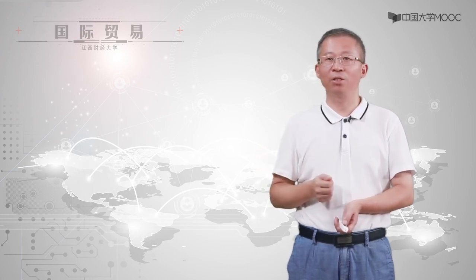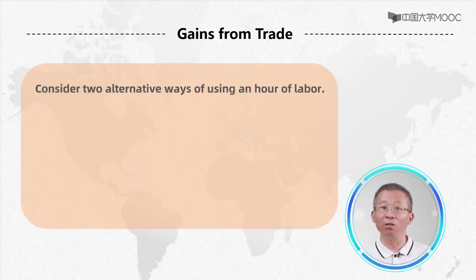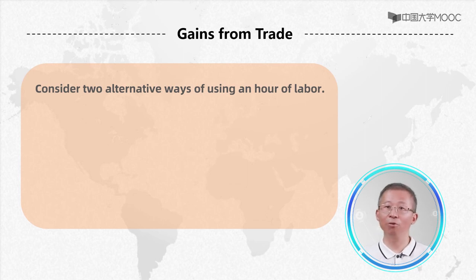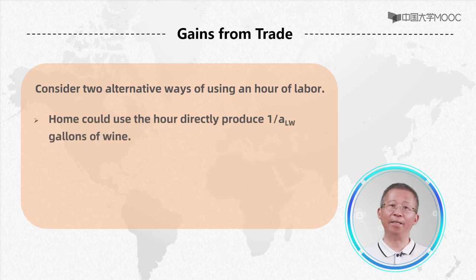How about the gains from trade? We can think of trade as an indirect method of production. Consider two alternative ways of using an hour of labor. On one side, home could use the hour to directly produce 1 over aLW gallons of wine.